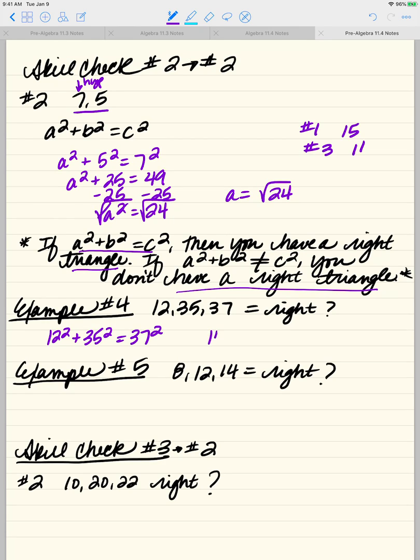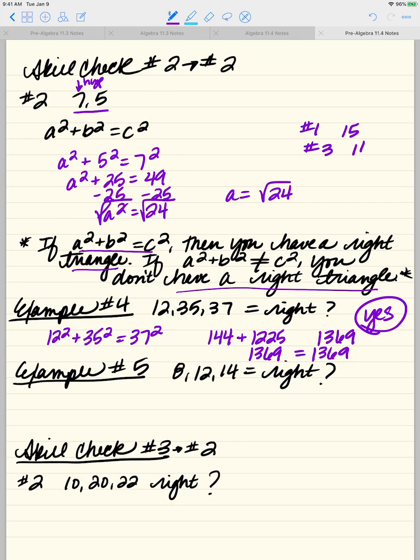Let's see if it is. 12 squared is 144. 35 squared is 1,225. 37 squared is 1,369. 144 plus 1,225 is in fact 1,369. So those are equal to each other. So yes, this is a right triangle.